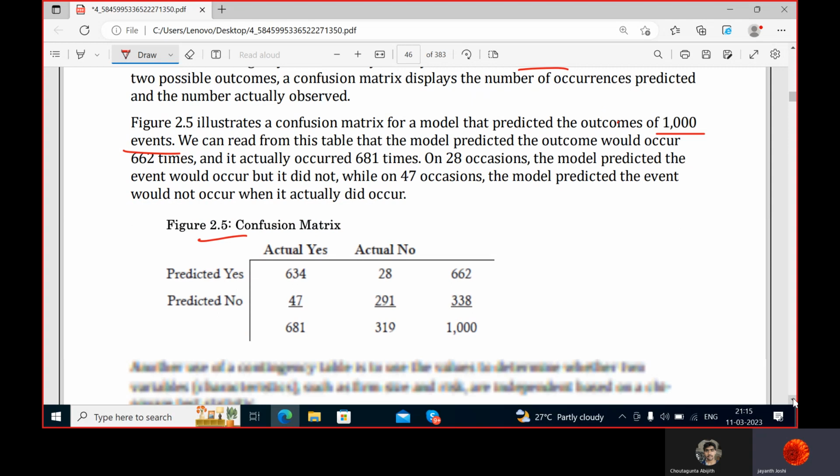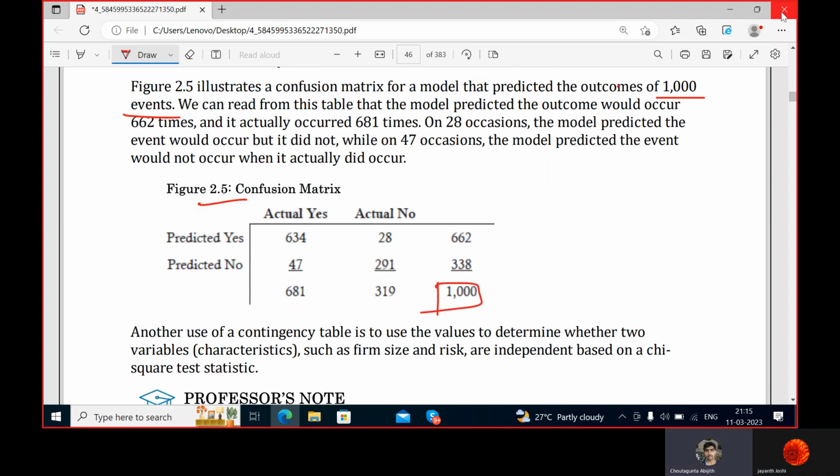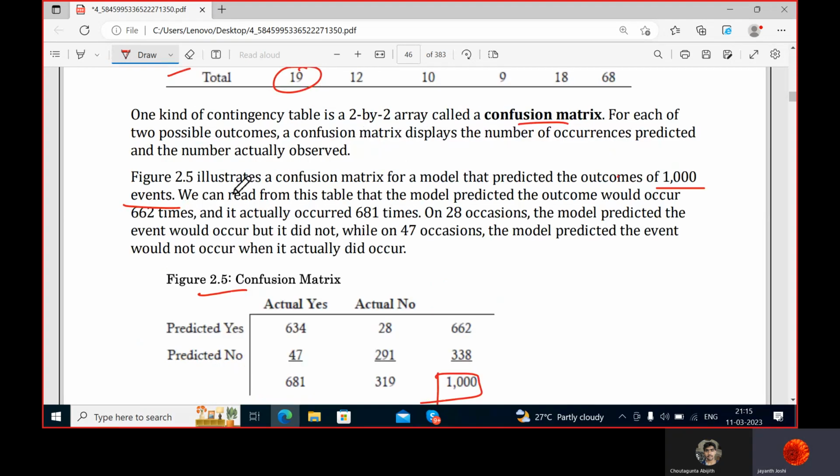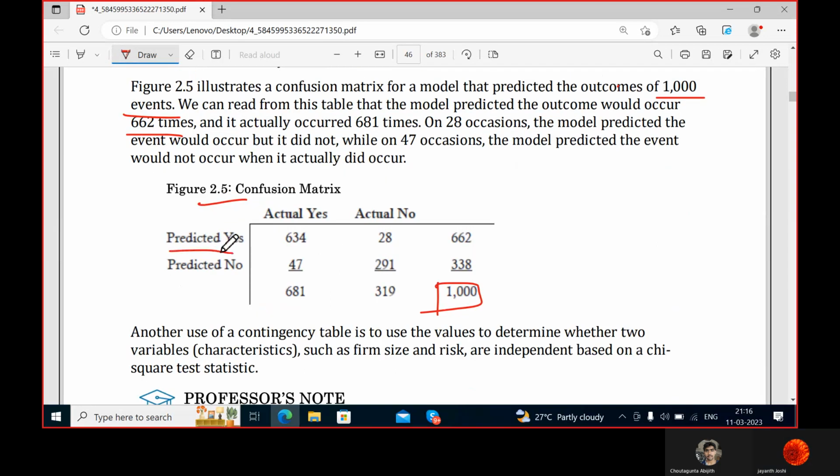So here you can see a total of 1000 events. Now we can read from this table that the model predicted the outcome would occur 662 times. So what is that? Prediction. That 662 times the model will occur. Isn't it so?